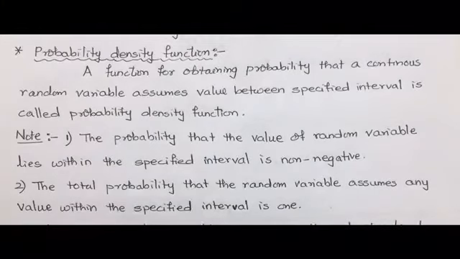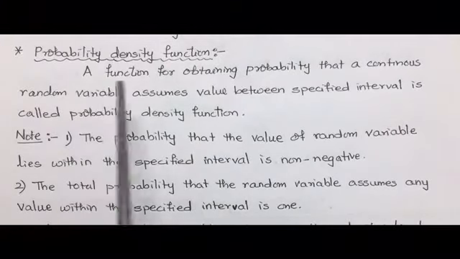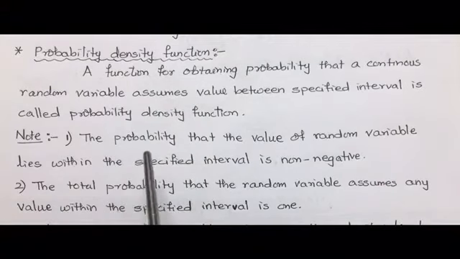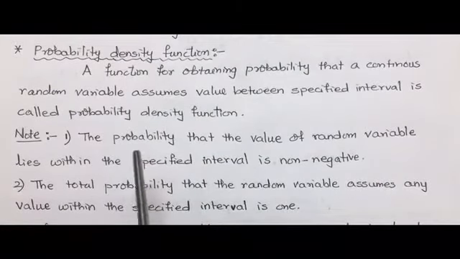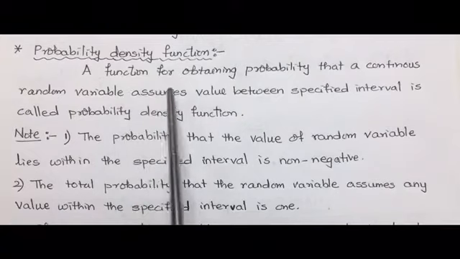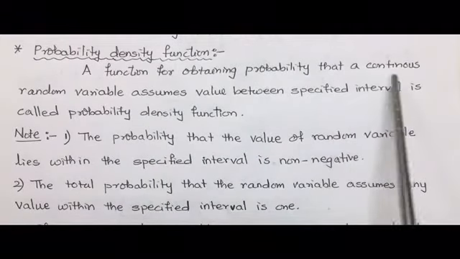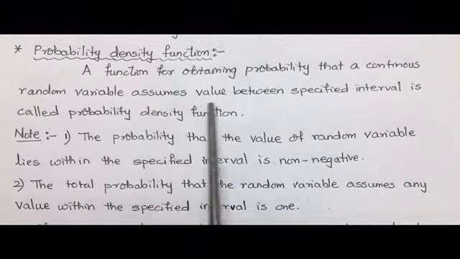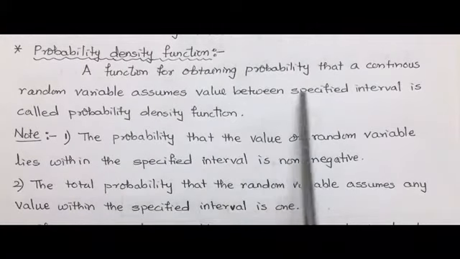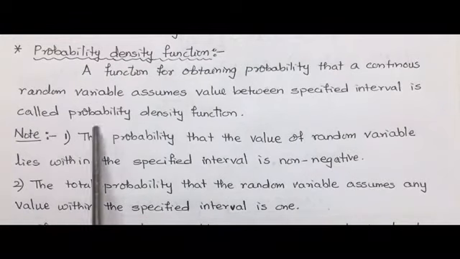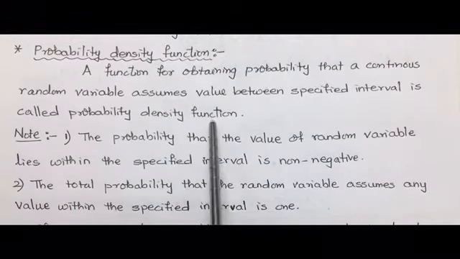Next definition is probability density function. The definition says that a function for obtaining probability that a continuous random variable assumes value between specified interval is called probability density function.